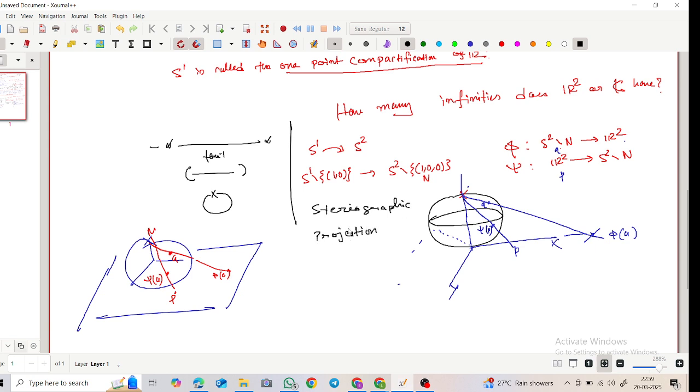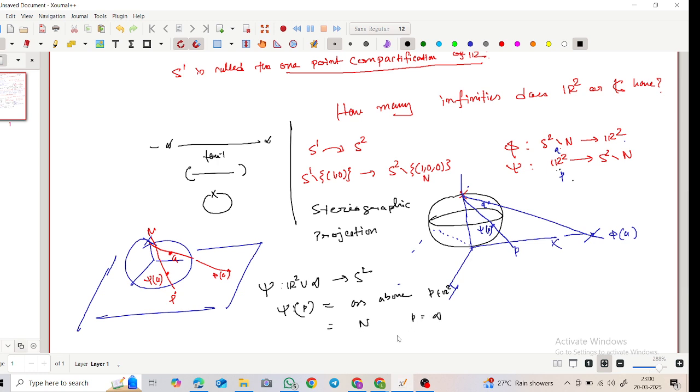So again, you can define psi from R2 union infinity to S2 by defining psi P as above if P belongs to R2, and psi P is N if P is infinity.